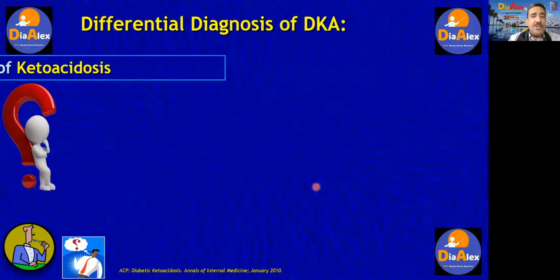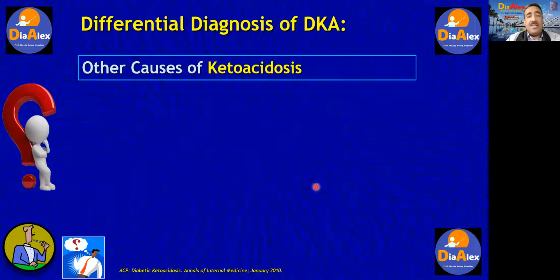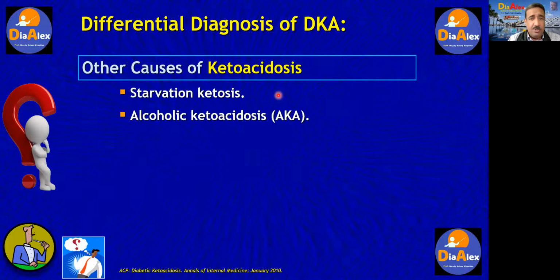What else in the differential diagnosis? Other causes of ketoacidosis. Not every patient with ketoacidosis is having diabetic ketoacidosis. Other causes include starvation ketosis and alcoholic ketoacidosis.